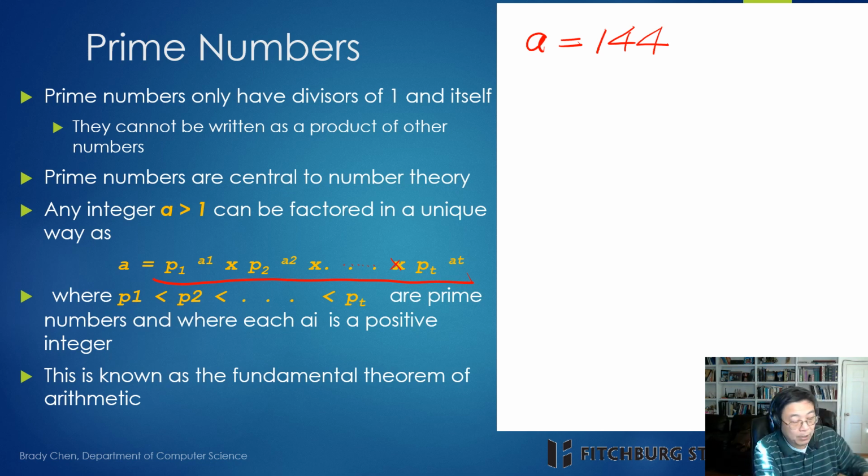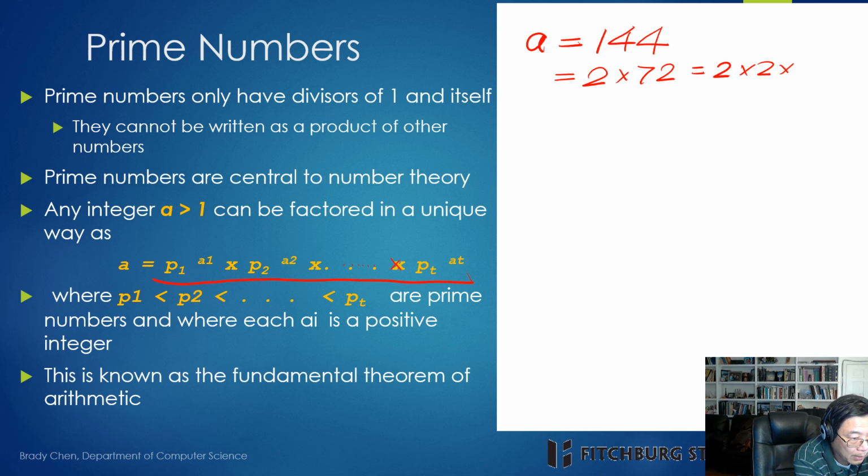First, we try to factor the number a. 144 is an even number, so we can factor out a 2, and then we have 72. 72 is still an even number, so we can continue to factor it. 2 times 2, and we have 36. 36 is also an even number, so we can factor out another 2, and then it's 18.